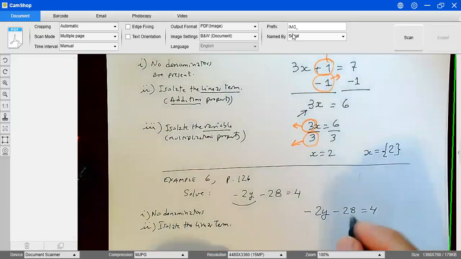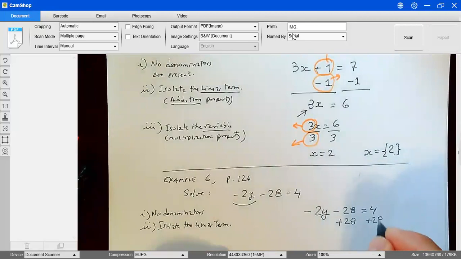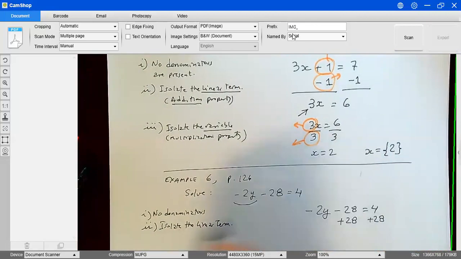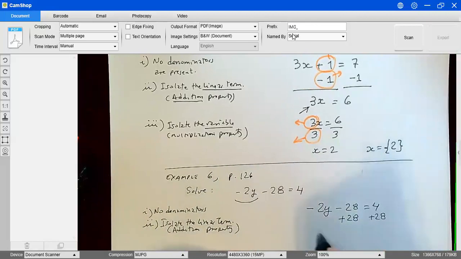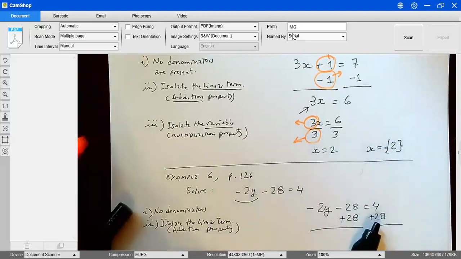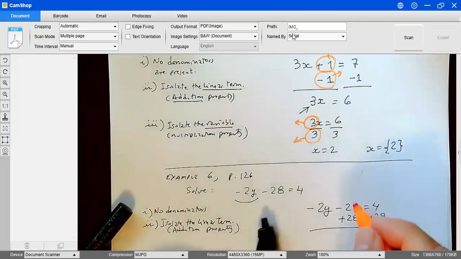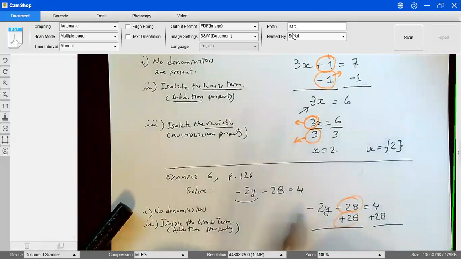So I need to remove this part of the left-hand side. It's negative 28. I'm going to eliminate that by adding 28. So I'm going to apply the addition property. With that, we cancel this. We end up with negative 2y equals, in this case, 32, because 4 plus 28 is 32.